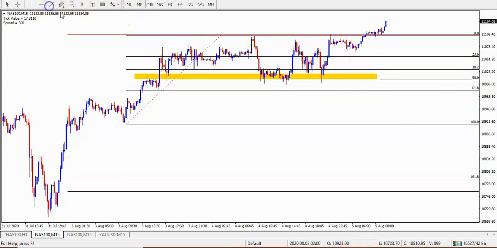So at this moment, we're still waiting for the price to react on a move down, then we buy it again. That's basically how we trade Nasdaq.